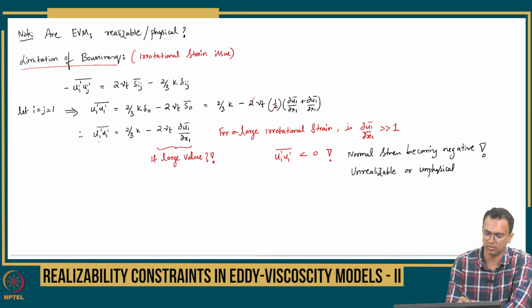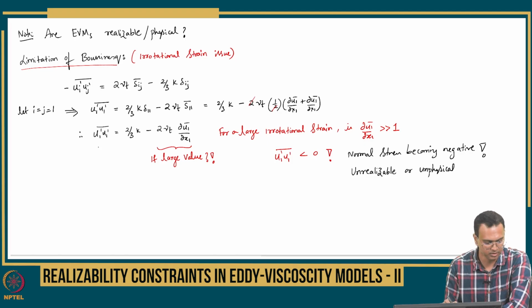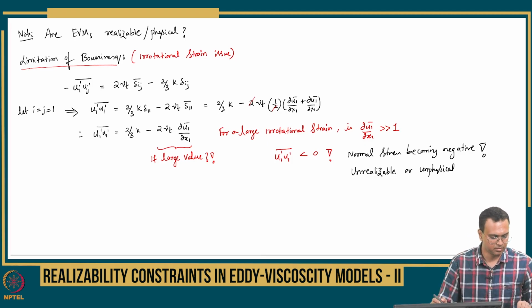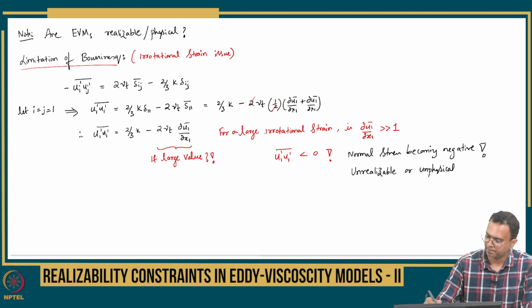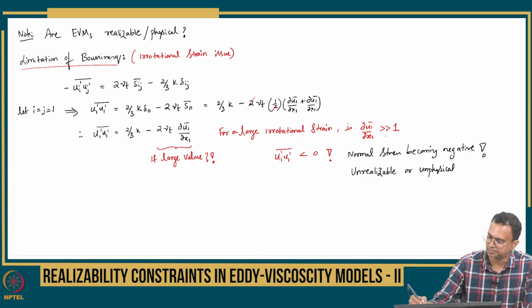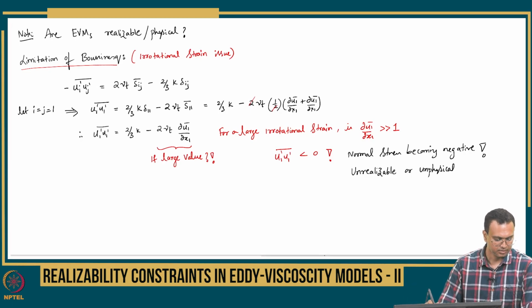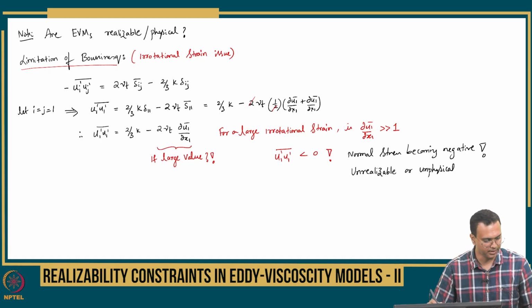Similarly, this can happen for the other two normal stresses, u2 prime squared average and u3 prime squared average. So this is one situation where you can have a large irrotational strain, a large positive value here, which can lead to a normal stress going negative.